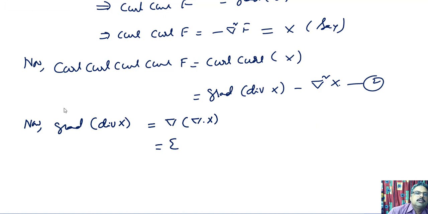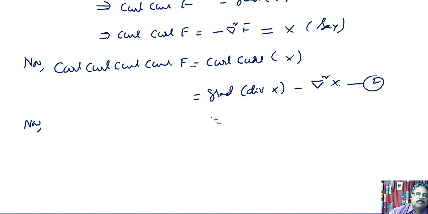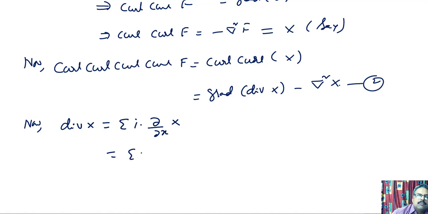Now continuation. First we will find the divergence of X, then we will find the remaining terms. Divergence of X is sigma I dot dou by dou x of X. What is X?